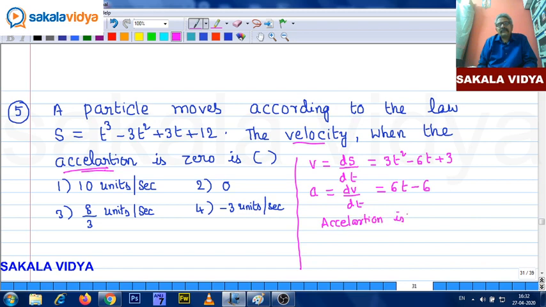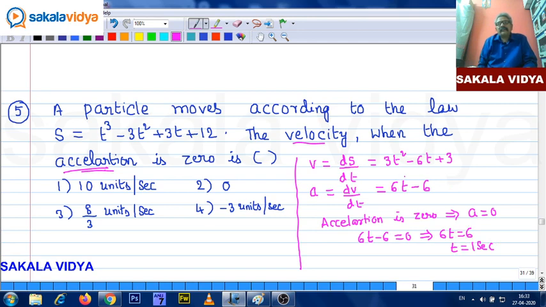Acceleration is 0, that implies 6t minus 6 equals 0. So 6t equals 6. That means at t equal to 1 second, acceleration becomes 0.